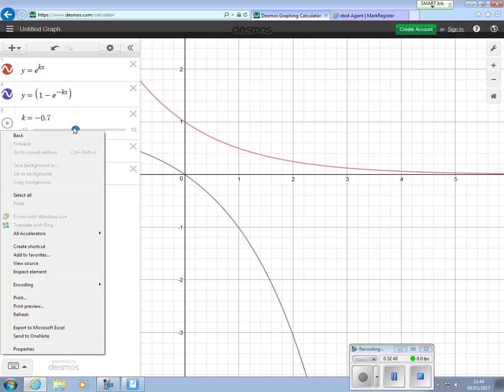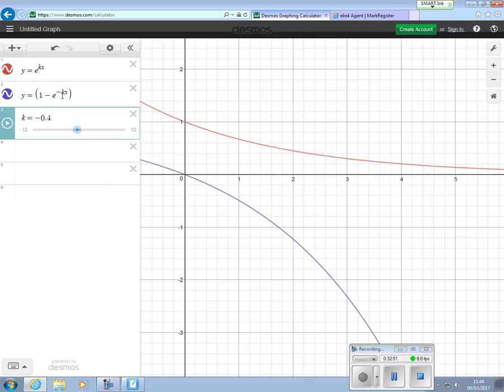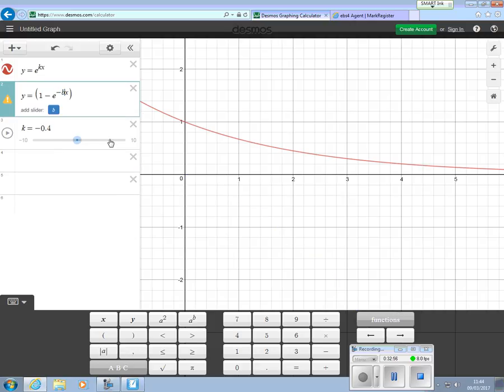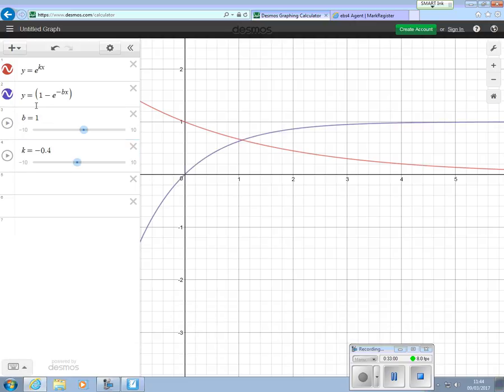Let's make that a different constant. There we go. The purple one, okay. y is equal to 1 minus e to the minus a constant times x. Exponential rise to a limit. That's what that is. Okay.